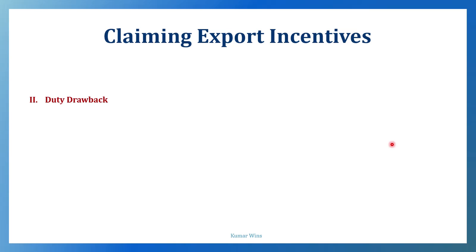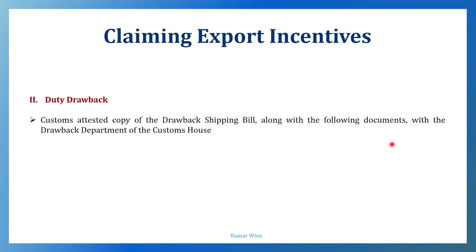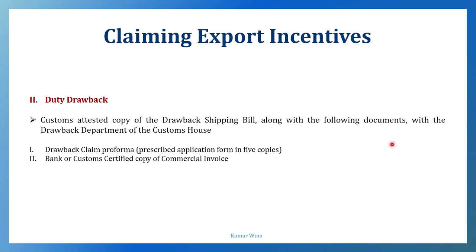It is submitted with the drawback department of the customs house. The documents are the drawback claim pro forma prescribed application form in 5 copies, then the bank or customs certified copy of the commercial invoice, and the third one is the non-negotiable copy of BL.